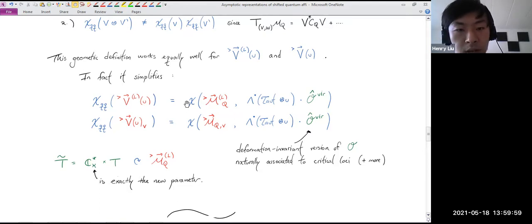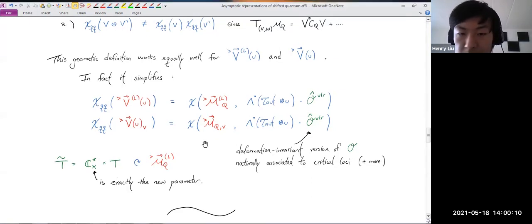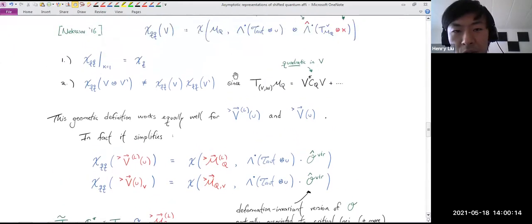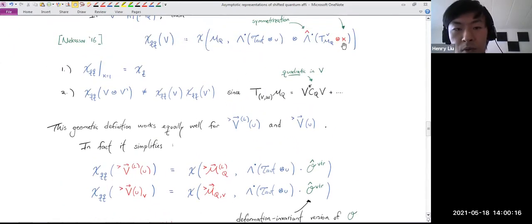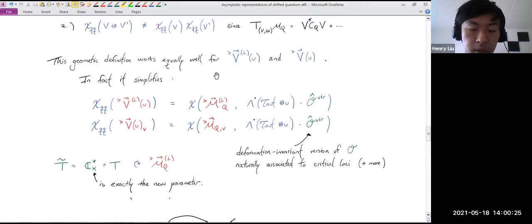Here we're integrating the virtual structure sheaf in K-theory with respect to some insertion. And here you may wonder what happened to this new parameter kappa, which is the deformation parameter for QQ characters versus Q characters. This kappa now becomes encoded in geometry.